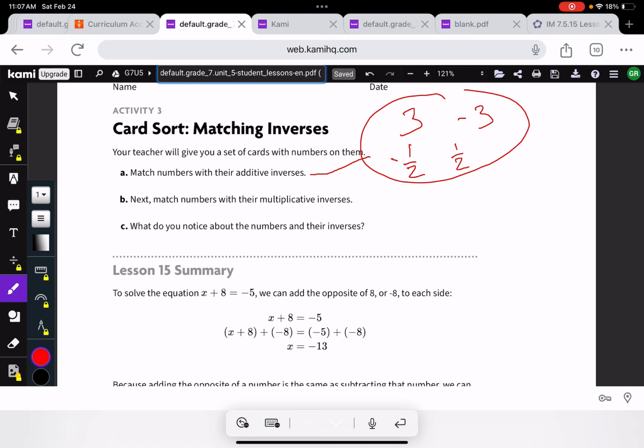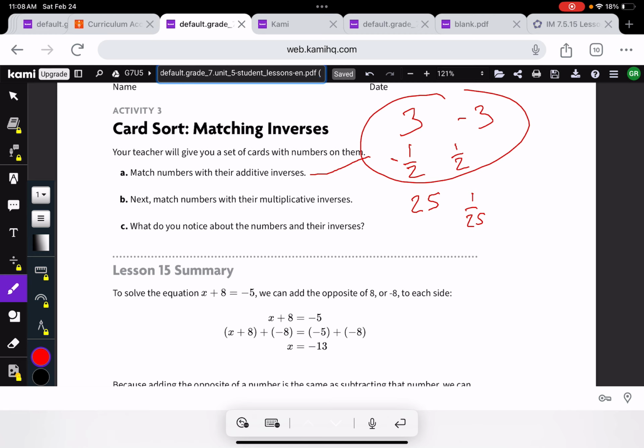Multiplicative inverses. Well, what would 25 times what gives me 1? In other words, if 25 times something gave me 5, the way I'd solve that is I'd multiply by 1 over 25, which essentially is dividing by 25. That's the multiplicative inverse.